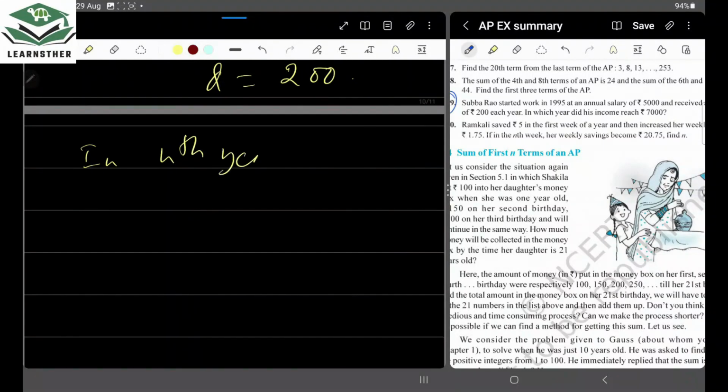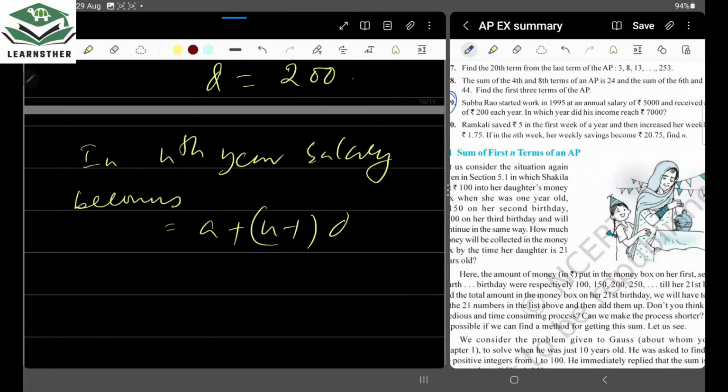In the nth year the salary becomes a plus n minus 1 d. So we have to find out in which year the salary becomes 7,000.